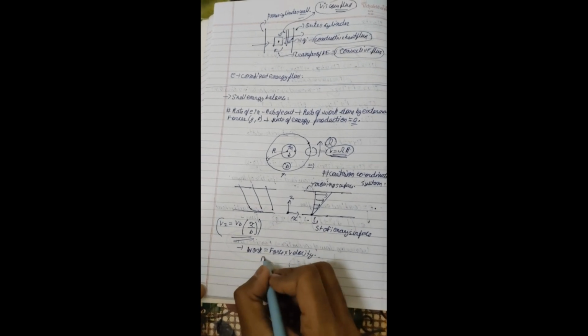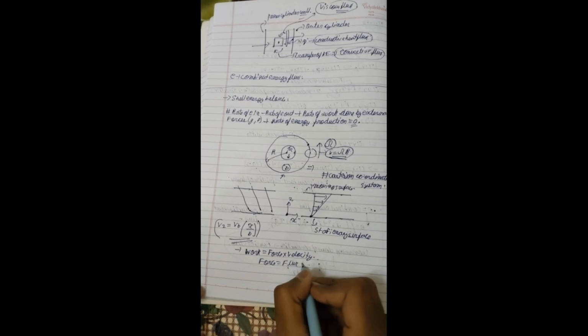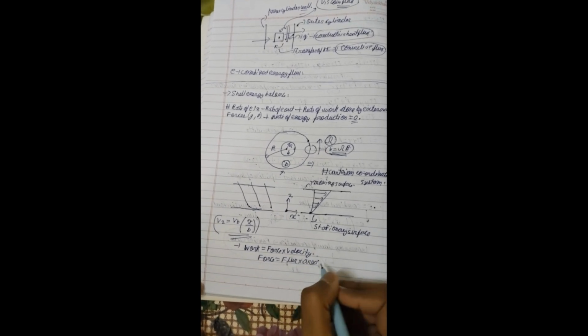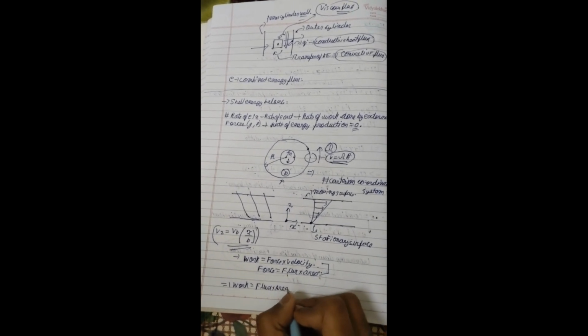And further we can write force as flux into area. So from this we can get the work done. That is going to be flux into area into velocity.